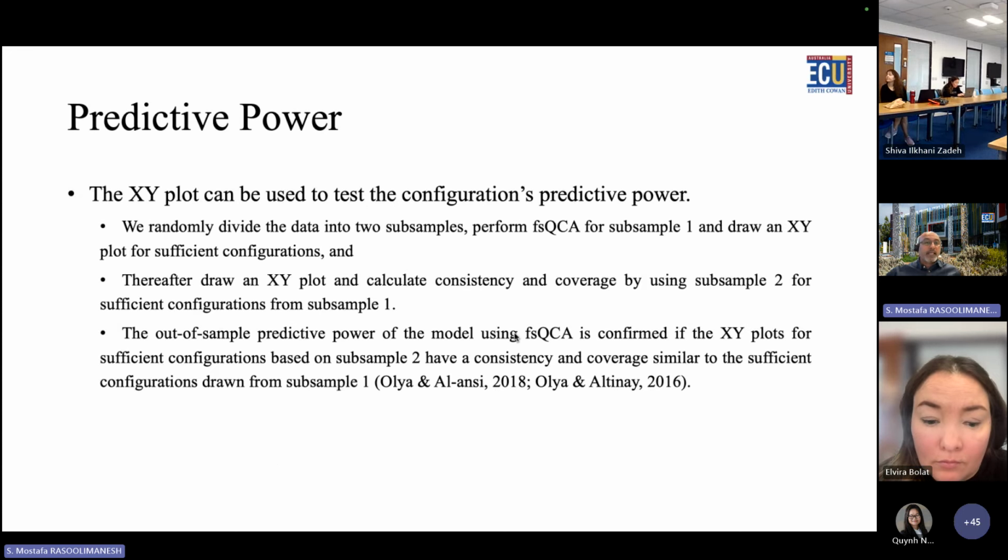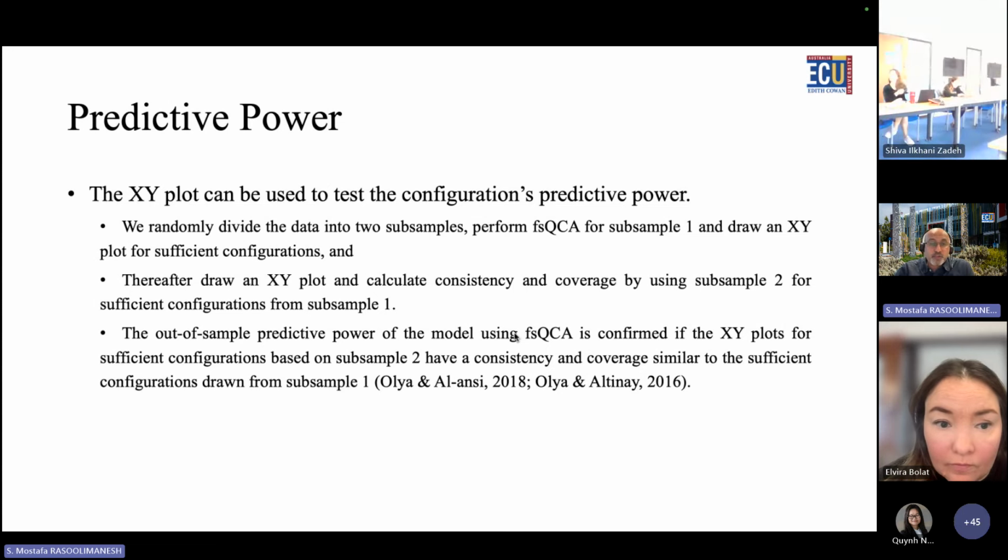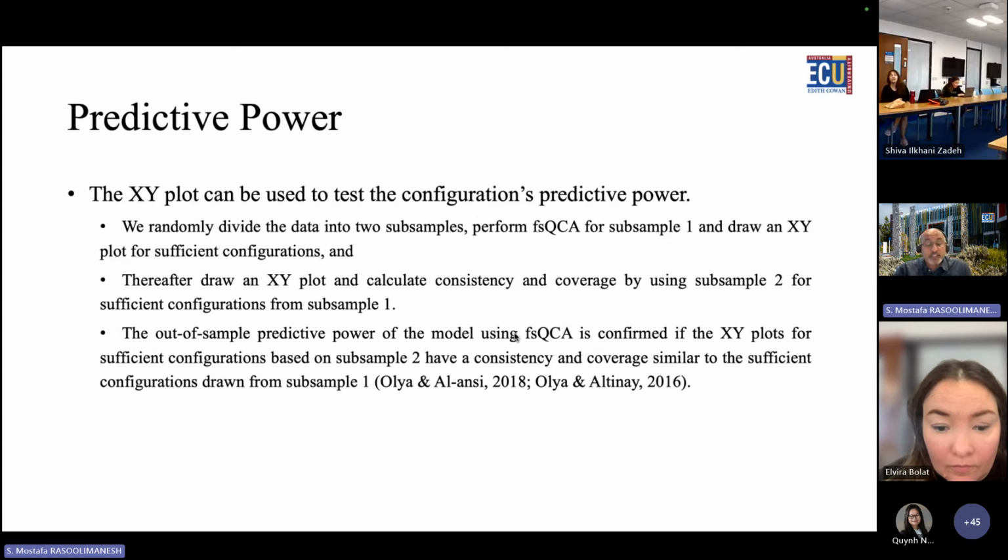Okay. Last part that I try to cover is predictive power. It's possible to calculate predictive power of our model, our research model and relationship, and actually the solution or sufficient configuration that we identify.